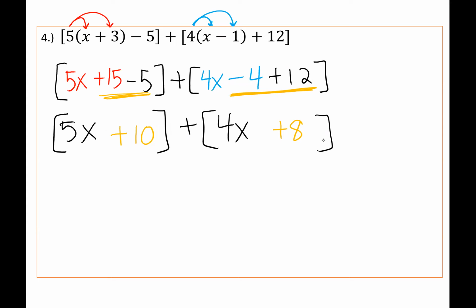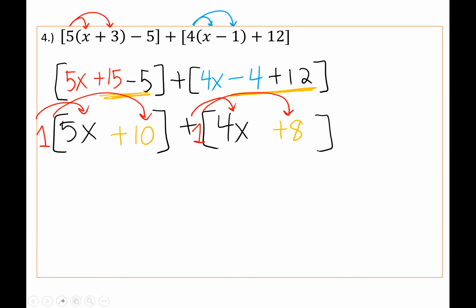At this point, we don't really need the square brackets at all. There's nothing in front of them. There's nothing to distribute into them other than just positive 1. So you could kind of treat it like you're distributing a positive 1, I guess. So I'll just write a little 1 in front of those square brackets, distribute it. That might seem unnecessary to you, that's fine.